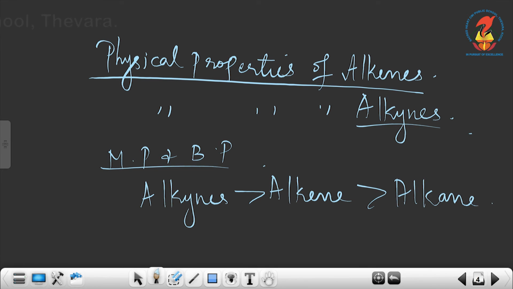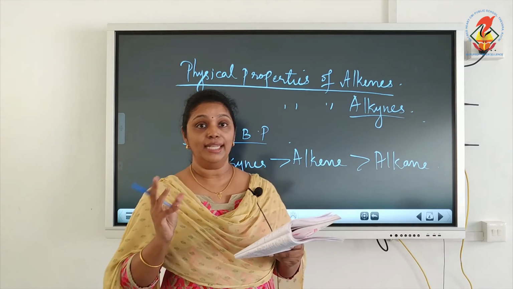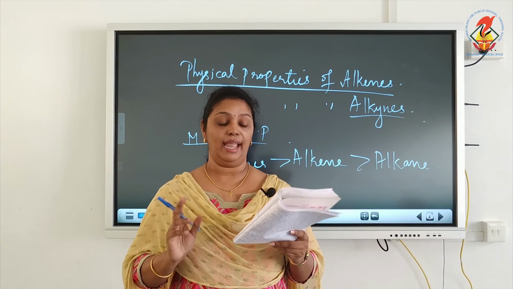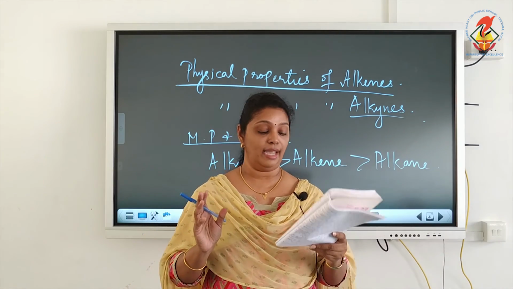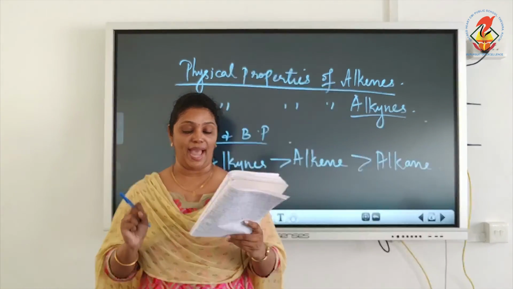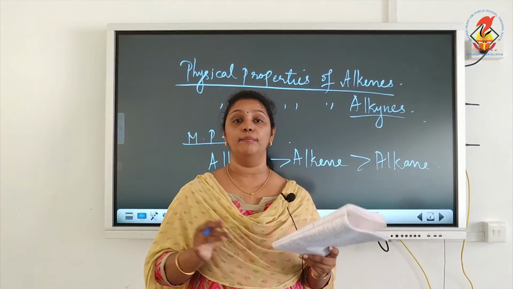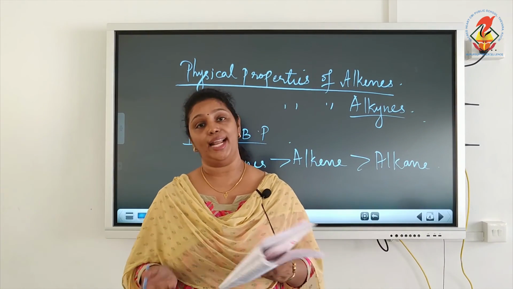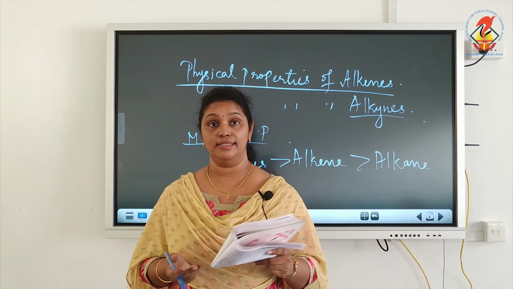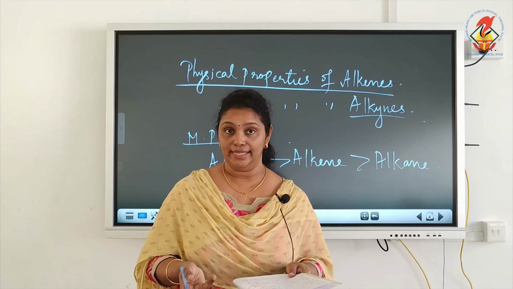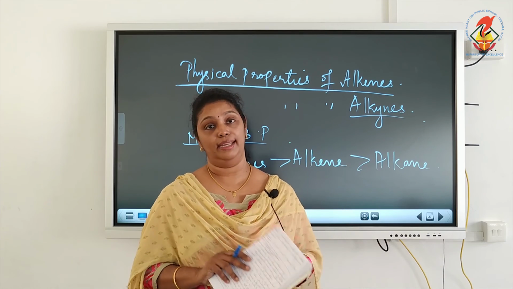Why? The reason is, in alkynes we have a triple bond and a linear structure, and hence their molecules can be more closely packed in the crystal lattice as compared to alkanes and alkenes. So, the melting point and boiling point of alkynes is greater than alkene, greater than alkane.